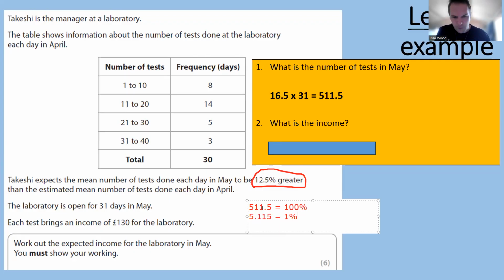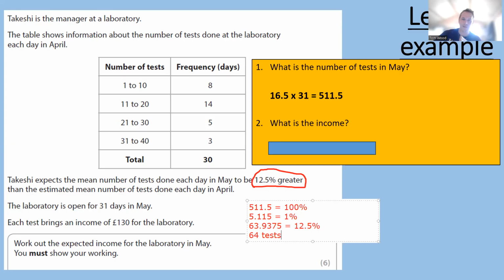So that tells me that 12.5%, when I've multiplied through, is 63.9375. So it's going to be an extra 63 tests performed here. I'm going to round that off and call it 64, but that is my 12.5%. So it's an extra 64 tests that are going to be done there.